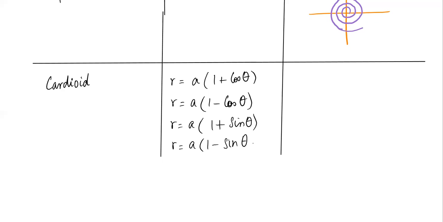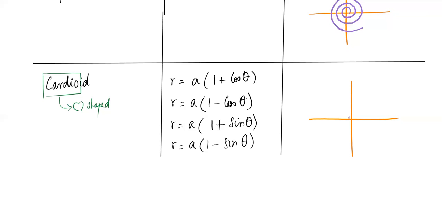Any of these forms would look like this. Cardioid. Of course, it's something so close to cardio. In fact, the word cardio is there. Right? So think of it as cardio, which is heart-shaped. Okay, so that's how it's going to look. It's going to be the heart-shaped figure, but the heart is sideways.